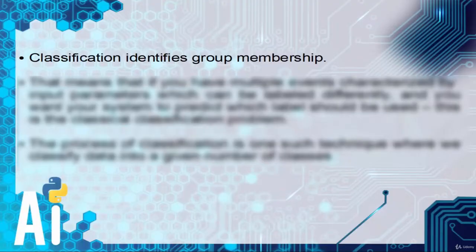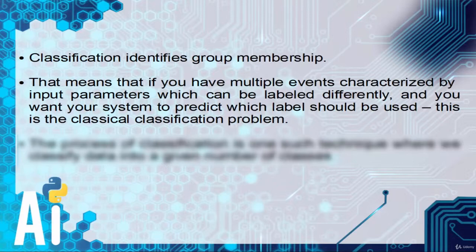Classification identifies group membership. That means if you have multiple events characterized by input parameters which can be labeled differently, and you want your system to predict which label should be used, this is the classical classification problem.